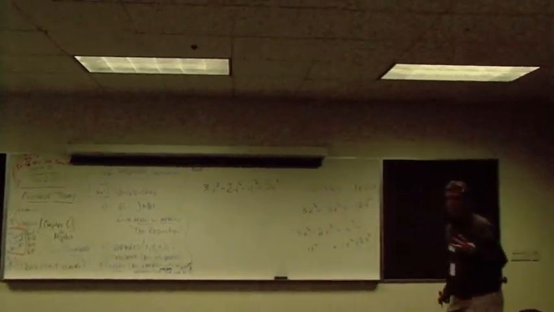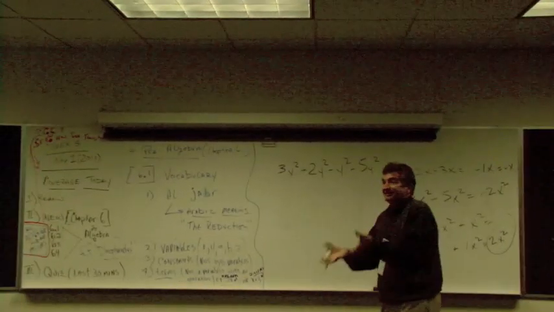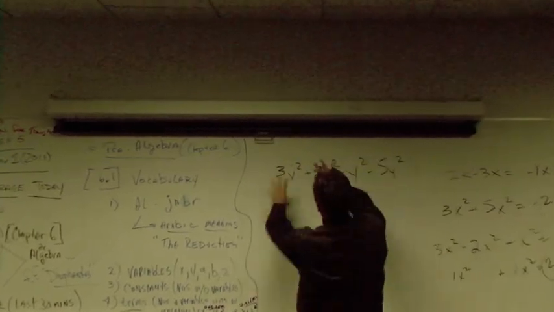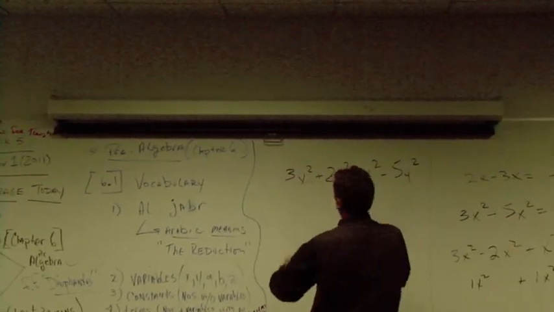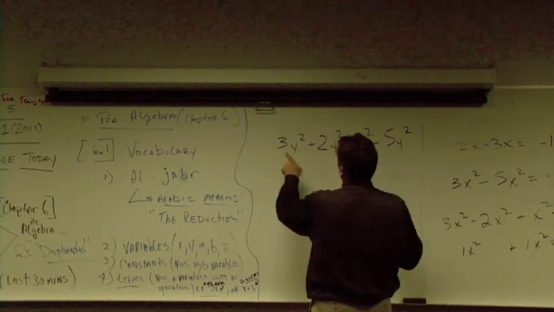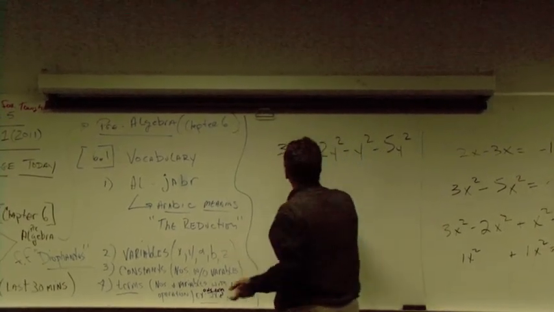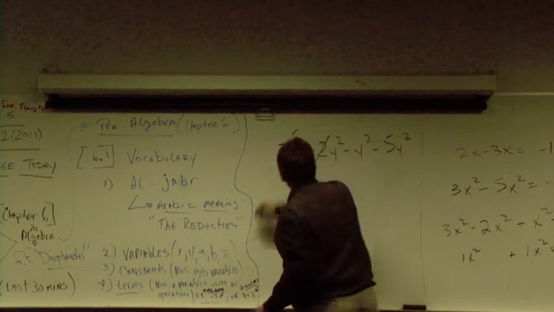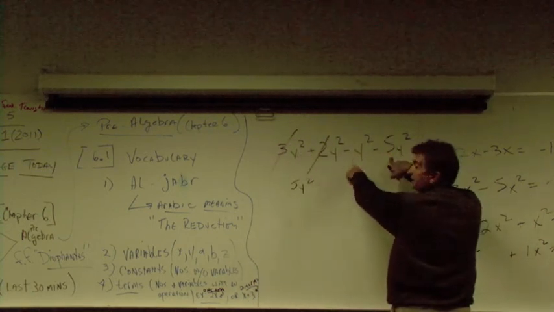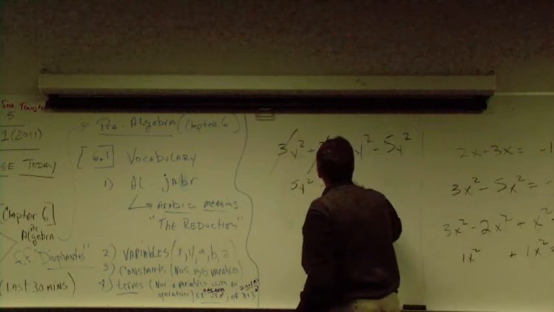Okay? So I could just take all my positives, get them all together. So all my positives are here. So 3, actually I'm going left to right anyway, aren't I? So I should separate this, but I'll do one more. So I take my 3 and 2, make that 5y squared, get them out of the way, and then take these guys and say minus 1 minus 5 is minus 6y squared.